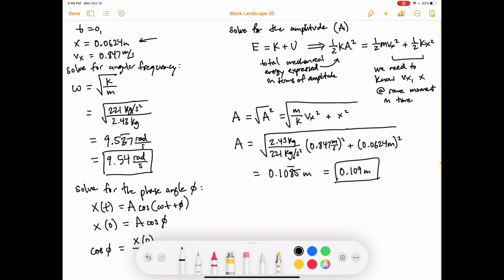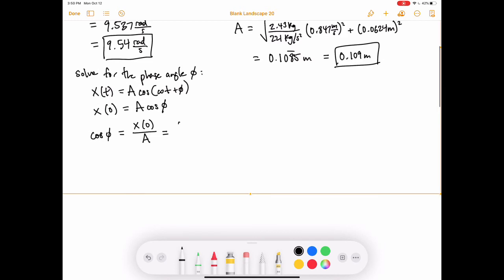0.0624 meters. And then what's A? That's the amplitude. That's 0.1085 meters. So what does that work out to? That's 0.5751. So in other words, cosine phi is 0.5751.